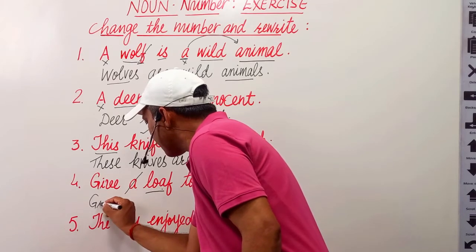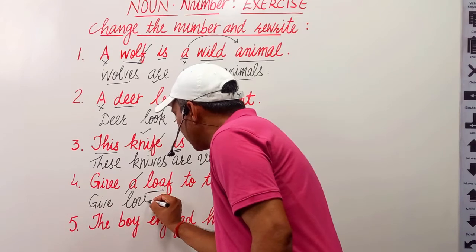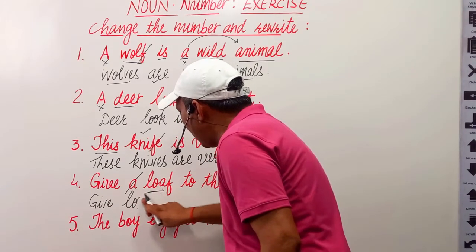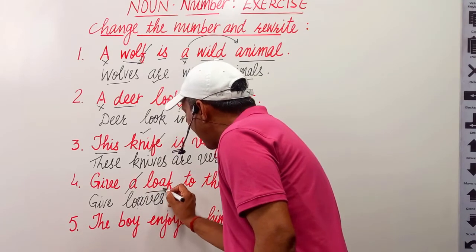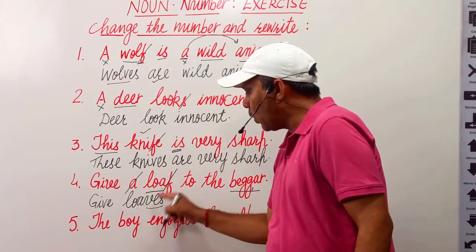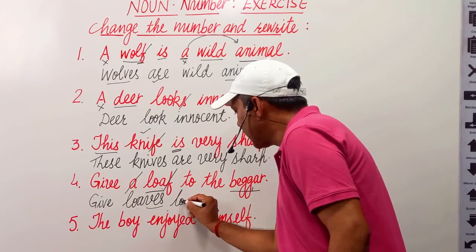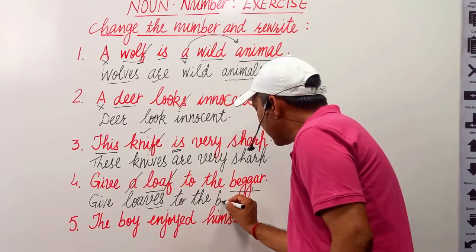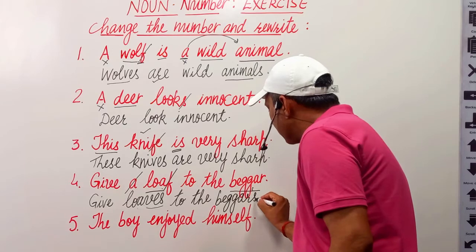Give loaves. Remove this F and add VES to LOA to make it plural. Give loaves to the beggars.